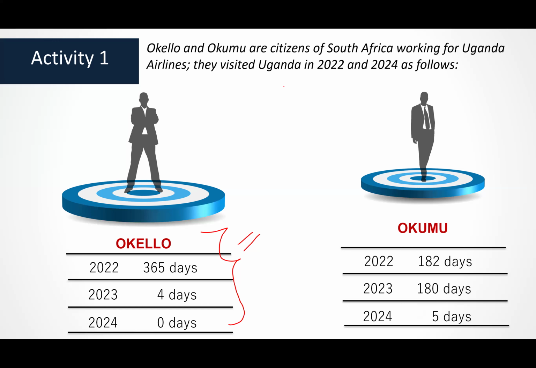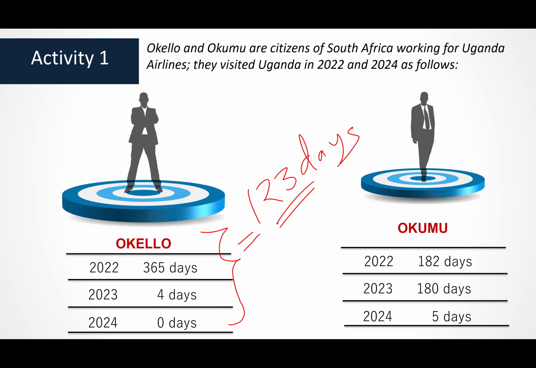So divide by 3. 2024 is 123. So if we divide by 3, Okelo is 123 days. Okay, that's okay.